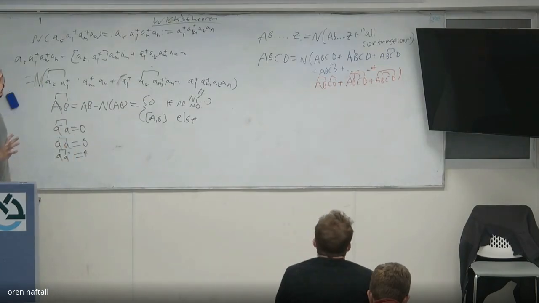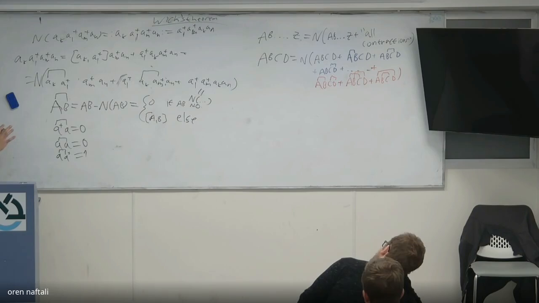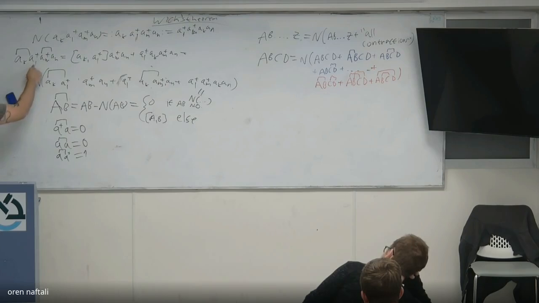Let's just look very quickly at our example for four operators, creation and annihilation operators. First of all, let's try to find a fully contracted term that survives here. For example, this term. Now, a_l dagger contracted with a_l is 1, and a_m dagger a_m is 0.